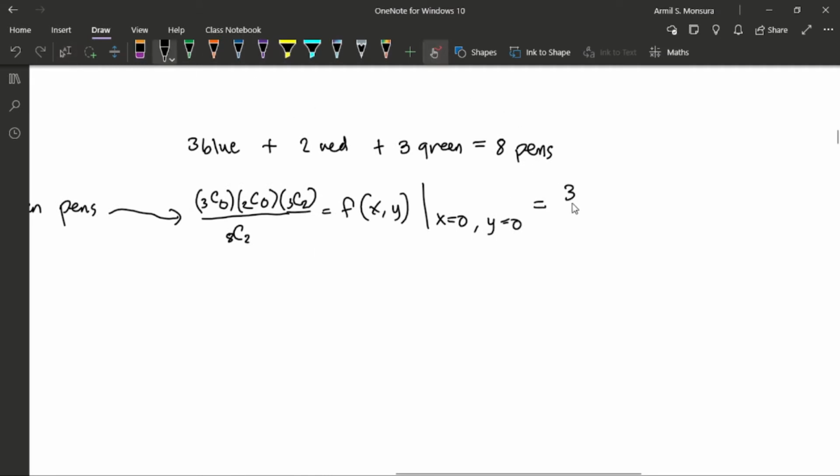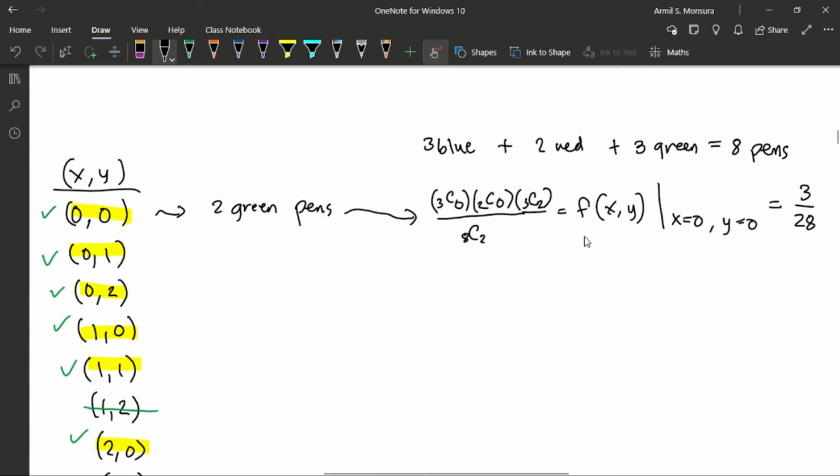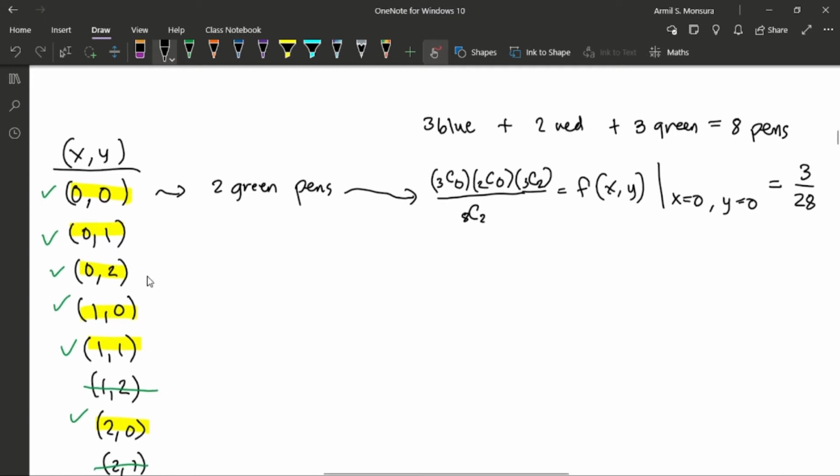So which means the value of our joint distribution when simultaneously x is 0 and y is 0 is 3/28. Okay, now let us look for another value and then let's generalize. Because we need to get a general expression for your distribution. Okay, let's say this one.